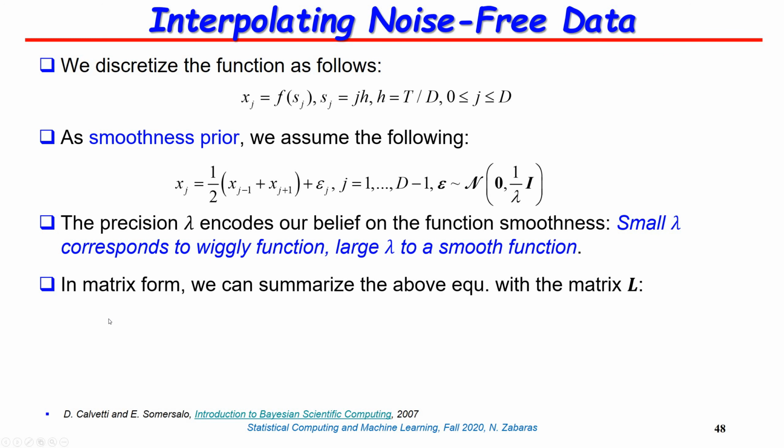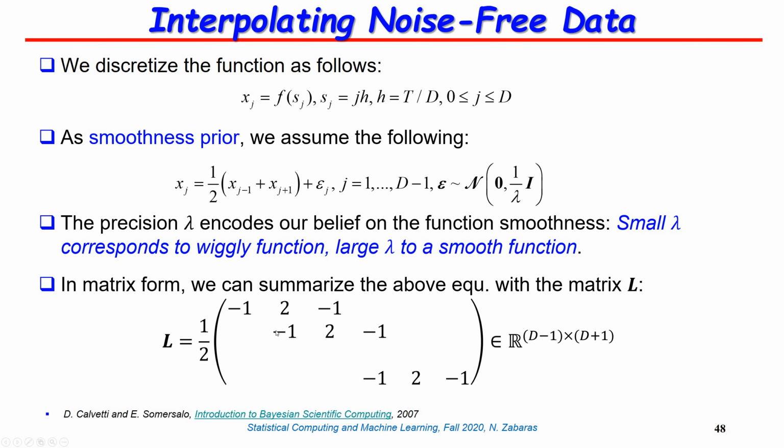So I can write this equation in matrix form by introducing this matrix L. You notice that each of these equations, when I multiply with my vector of the values x, involves a calculation that, if I put 2 here and move these x's to the left hand side, gives a stencil that has 2 times xj minus xj minus 1 plus xj plus 1.